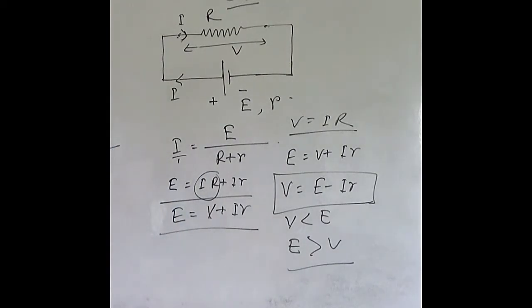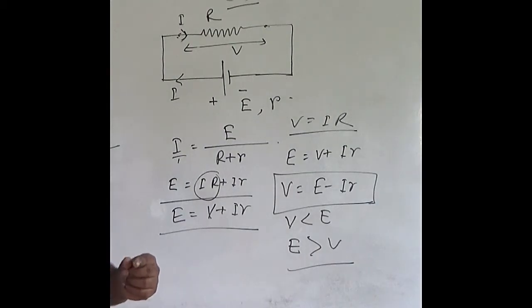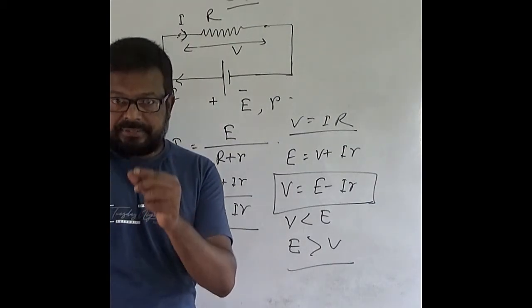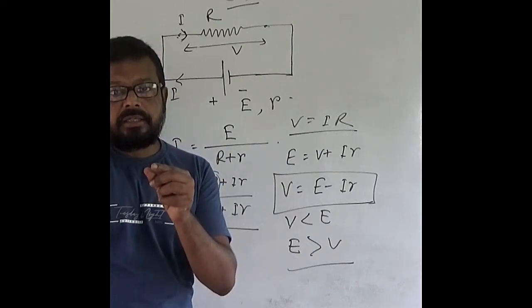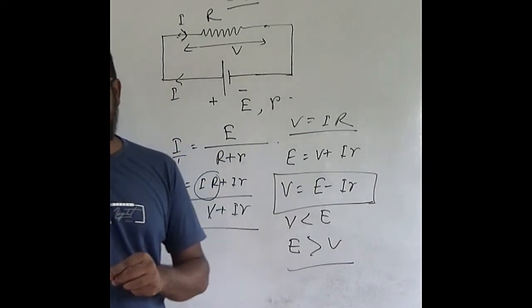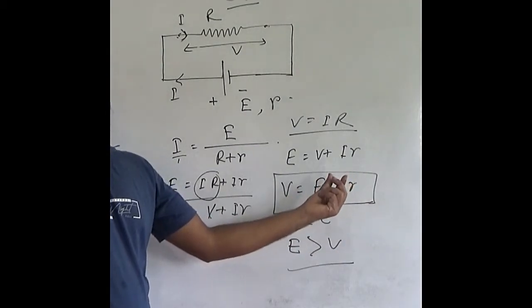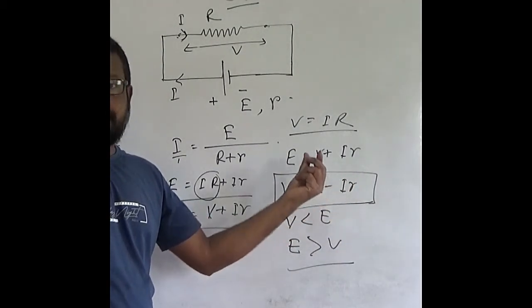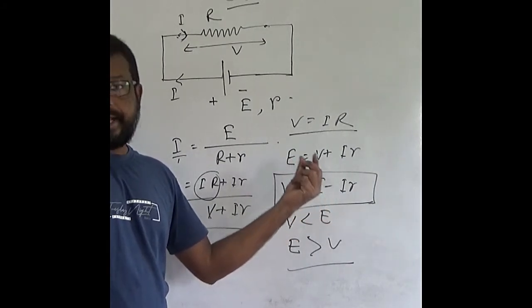Ir is the potential difference or potential drop due to the internal resistance, and this reduces the EMF, or this reduces the actual potential difference or actual EMF.